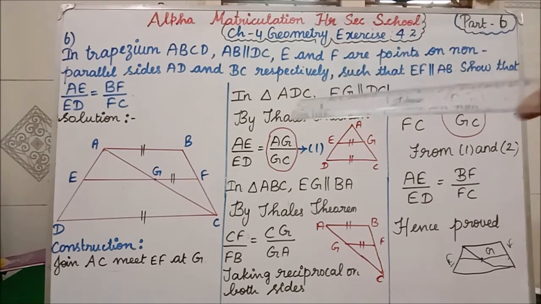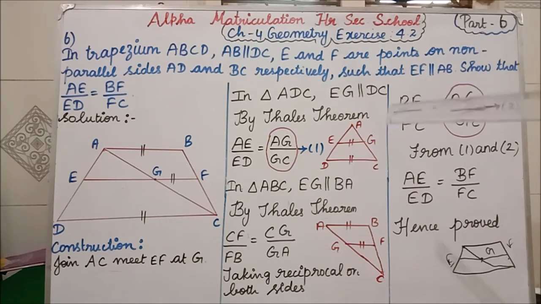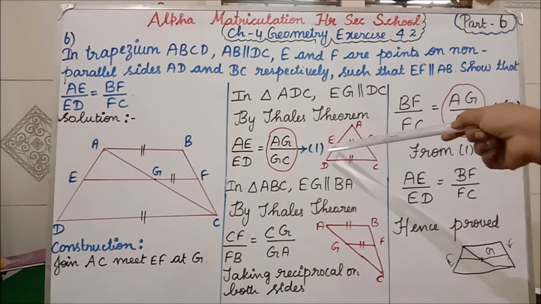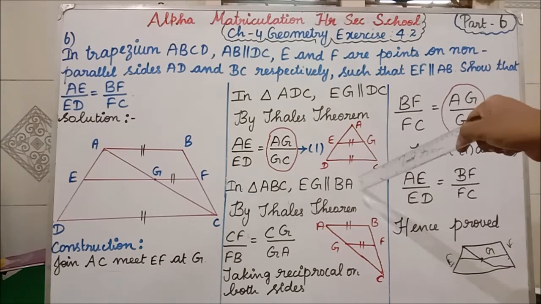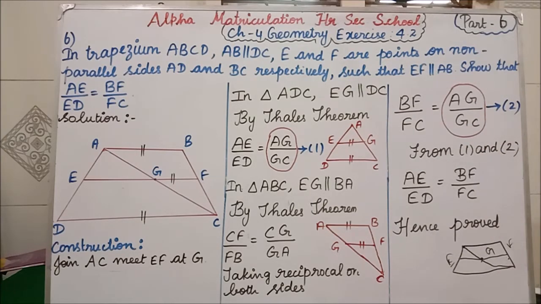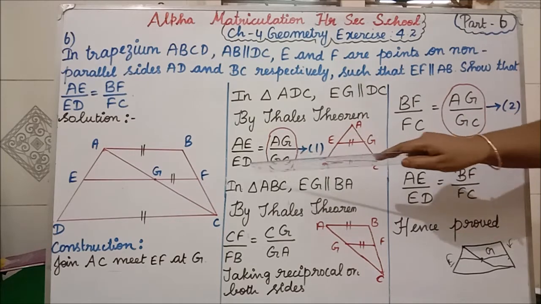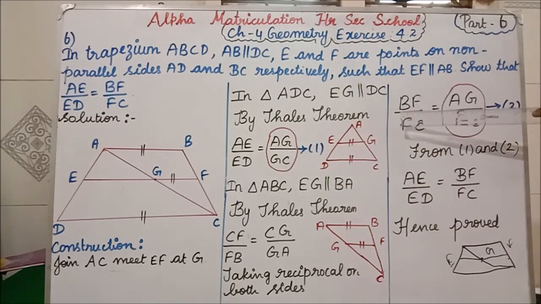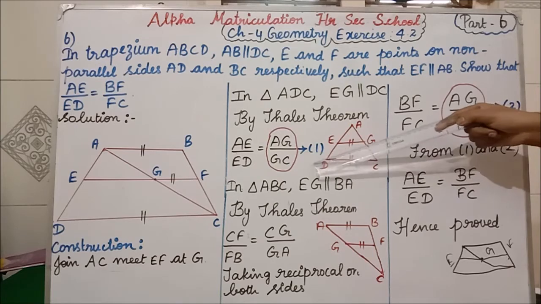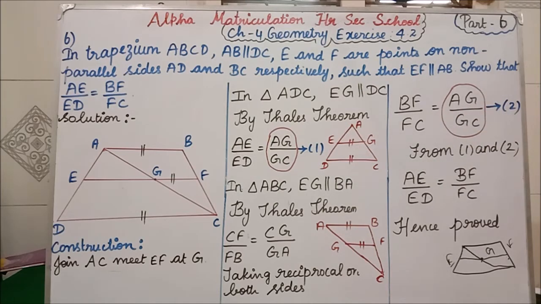I have drawn that triangle separately: A, D, C, E and G. EG is parallel to DC. By Thales theorem, the corresponding sides divide in the same ratio. So AE divided by ED is equal to AG divided by GC. Clear? Mark this as equation 1.